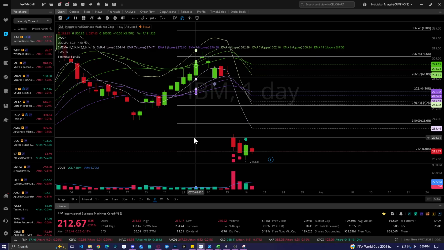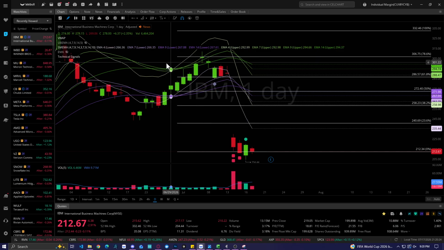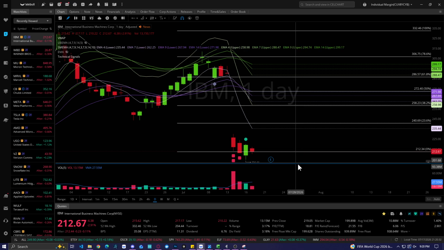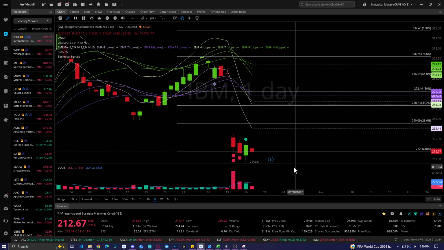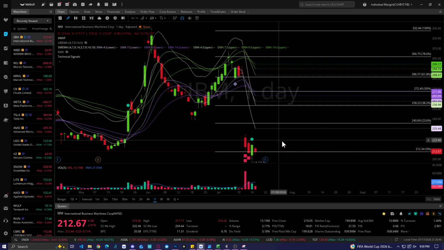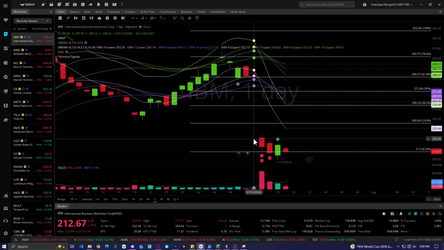But pay attention to where it finds support, back at that 0% fib. Now, granted, it might bleed below the 0% fib still, but the 0% fib is something you have to pay attention to in terms of support. And likewise, the 100% fib for resistance. But yeah, I got to figure out how IBM did that.